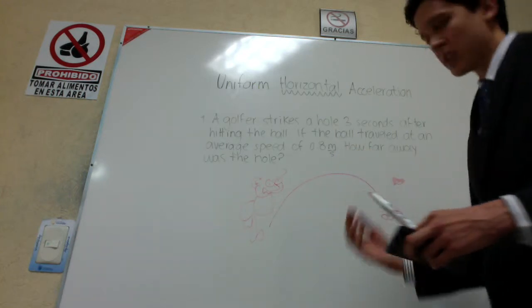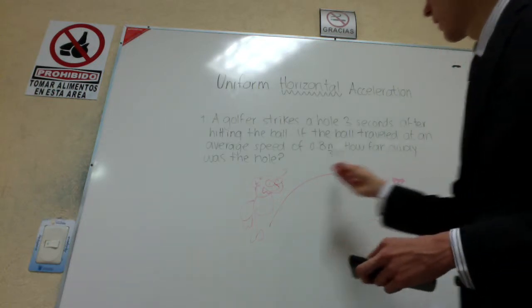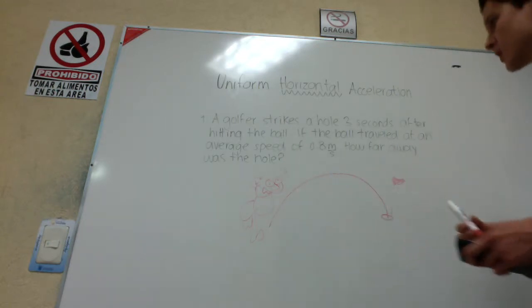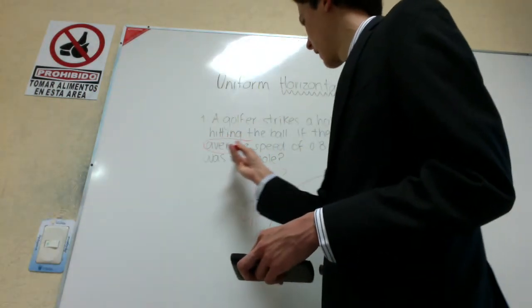And now, when dealing with these sort of problems, we got to pay attention to the kind of speed they are giving us. Here, they are telling us about an average speed.